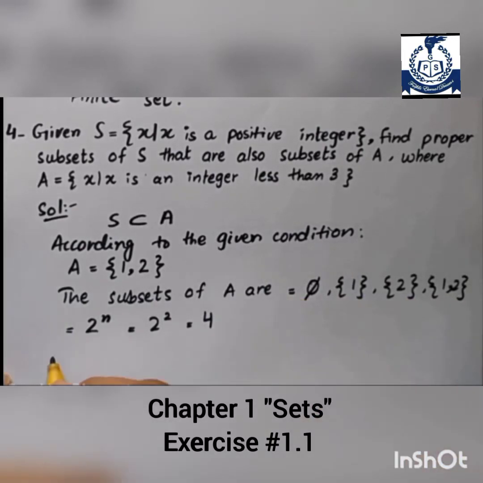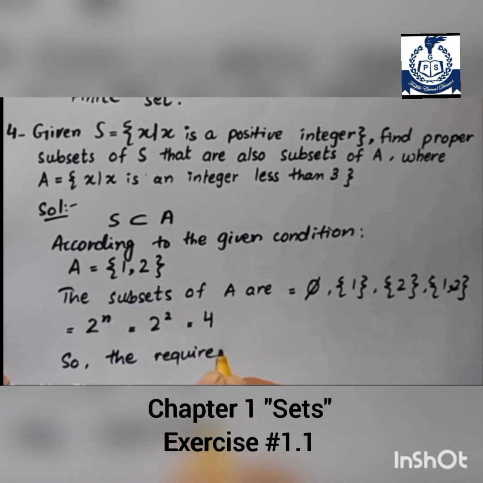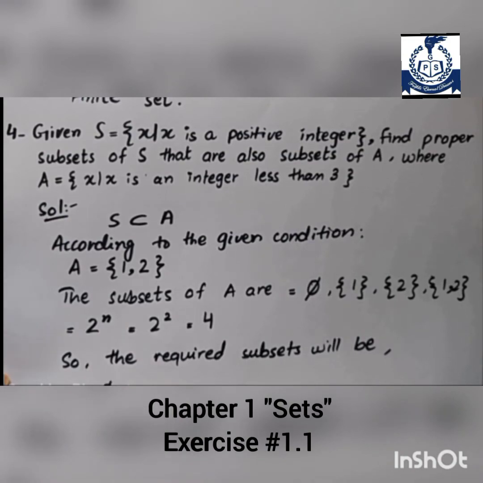So 4 subsets are there, so the required subsets will be null, {1}, {2} and {1, 2}.